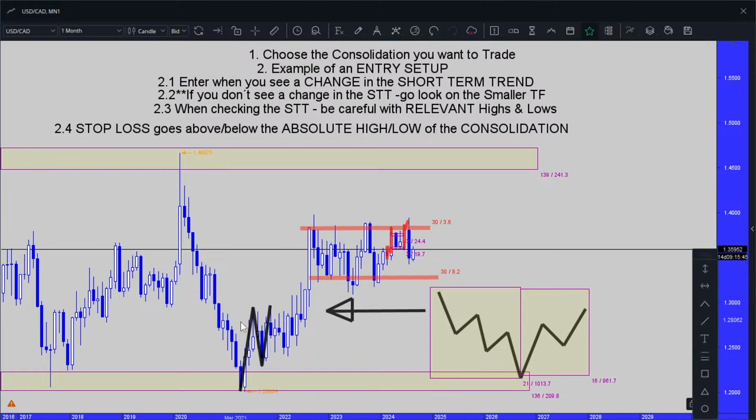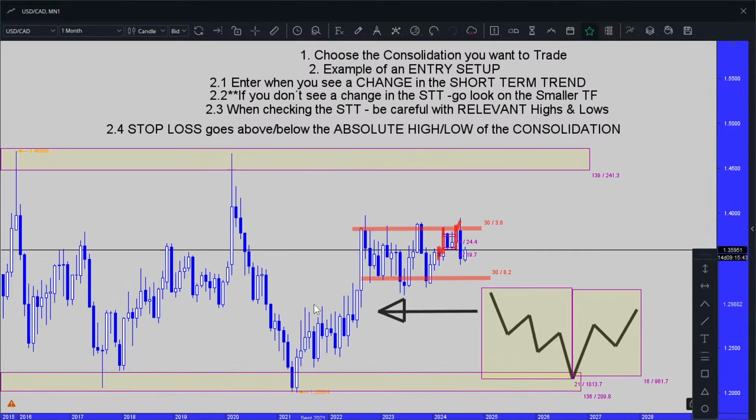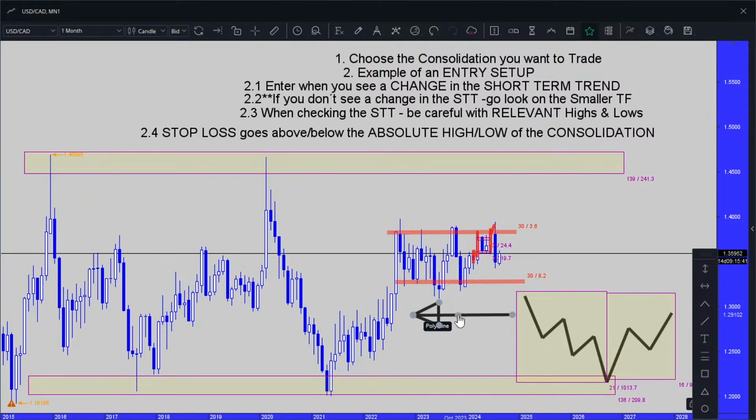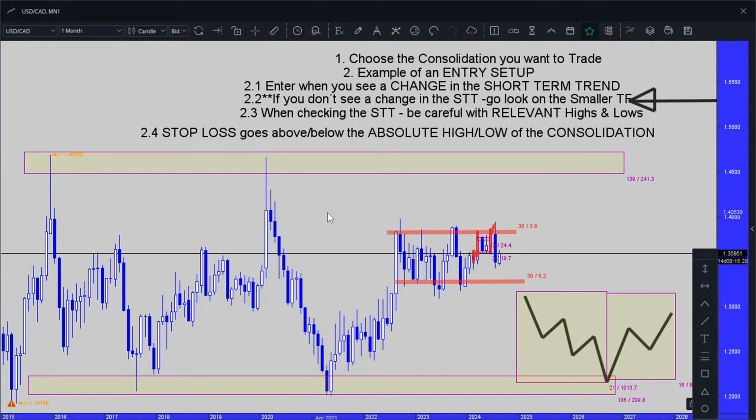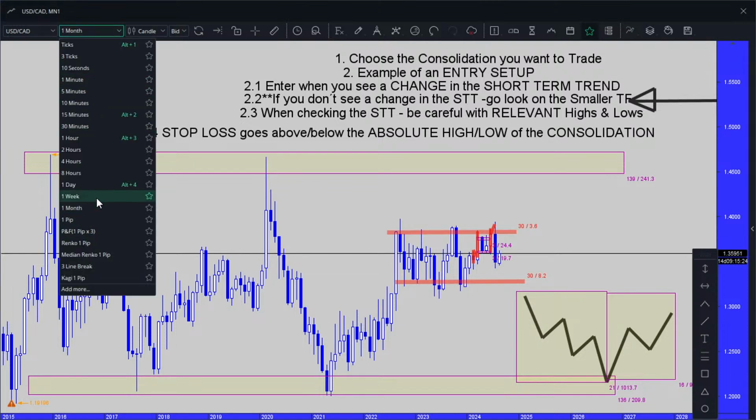So in this case, what do I need to do? I need to go to the smaller time frame. So it's a trick. If you don't see a change in the short-term trend, go look on the smaller time frame. Forex says yes, it makes sense. So I'm going to change from monthly to weekly.